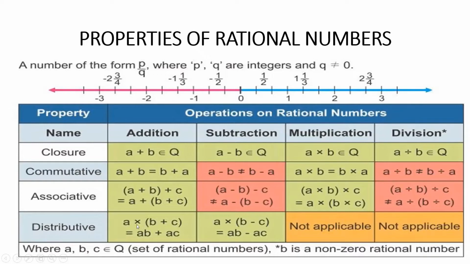First is distribution of multiplication over addition, that is a into (b plus c) is equal to ab plus ac, and a into (b minus c) is equal to ab minus ac. This one is distribution of multiplication over subtraction, and this first one is distribution of multiplication over addition.